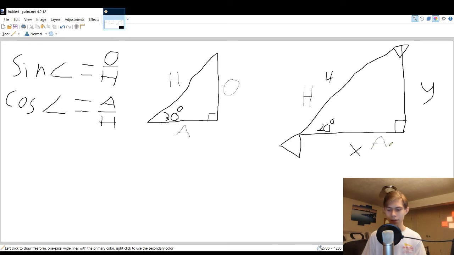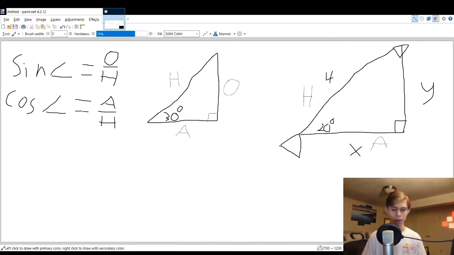So we have the hypotenuse, the adjacent, and the 20-degree angle. From these things, we can determine what trig function we need to use. Cosine deals with the adjacent side and the hypotenuse, and we know the hypotenuse and this angle. So there's only one unknown, the adjacent side, so we can use that.